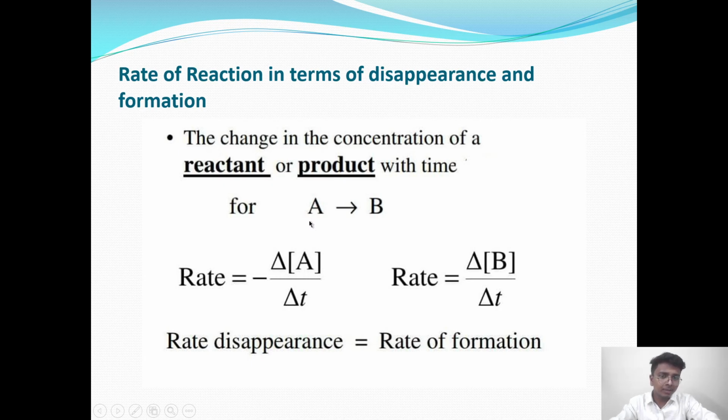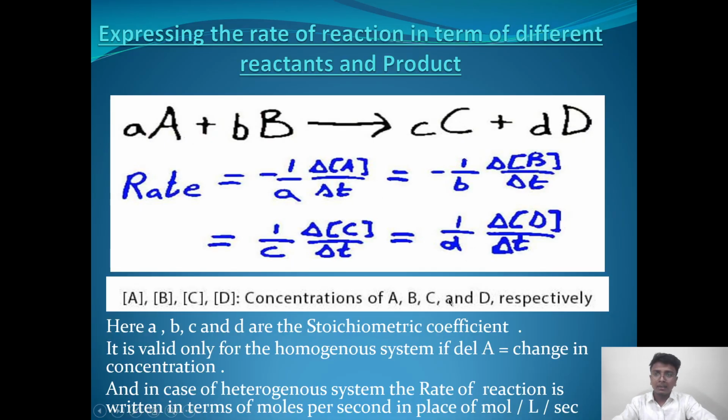Here we have the reactant A which gets converted into B. Then there is a change in concentration of A and B. Then the rate is equal to minus del change in concentration of A divided by del T. And for the product side, rate is equal to del change in concentration of B divided by del T. When we do not include the stoichiometric coefficient of any general reaction, then it becomes the rate of disappearance for the reactant side, and the rate will become the rate of formation for the product side.